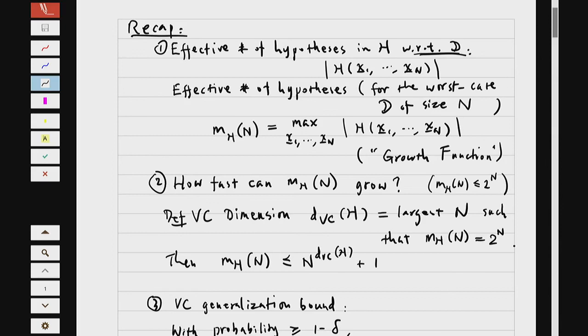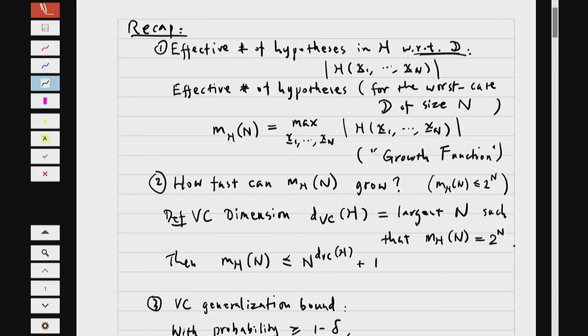It's limited by the VC dimension. The VC dimension is the last value of n such that it is 2 to the nth power, exponential growth. After this VC dimension, if you have more data points, it is upper bounded by a polynomial function of n, which is very nice. The order of the polynomial is just the VC dimension.